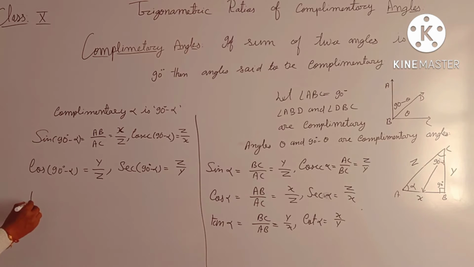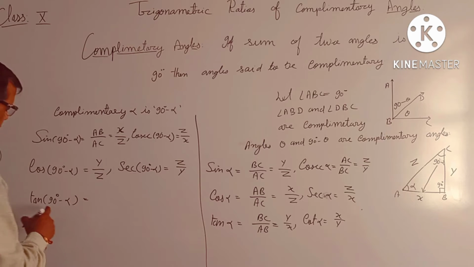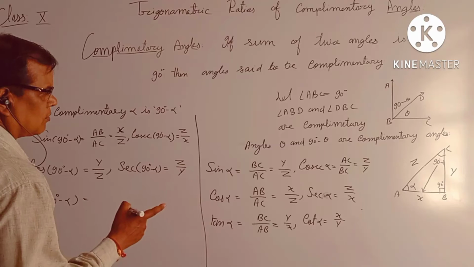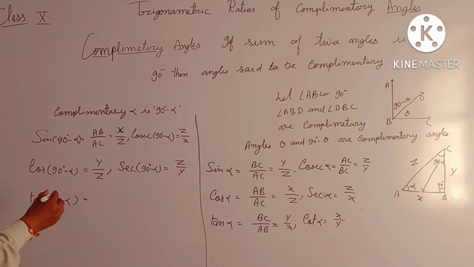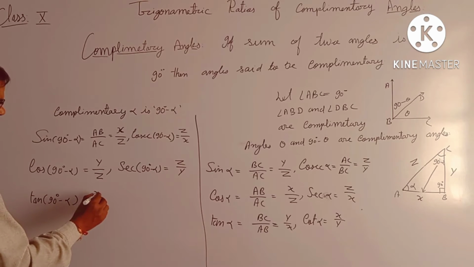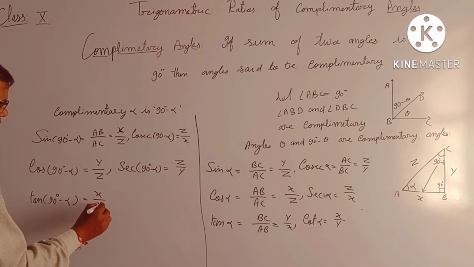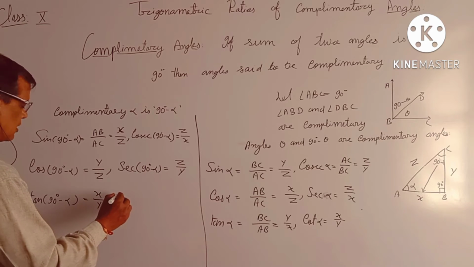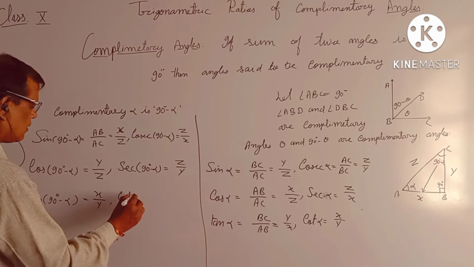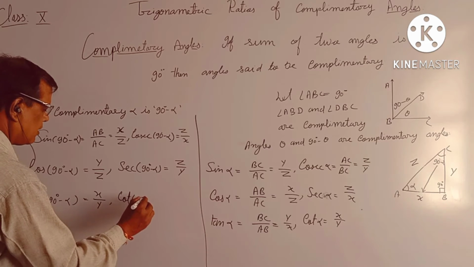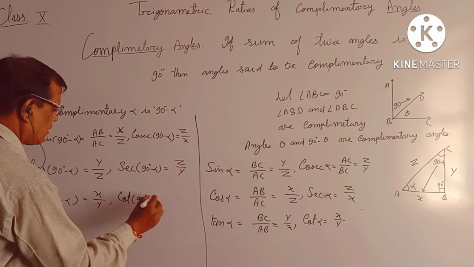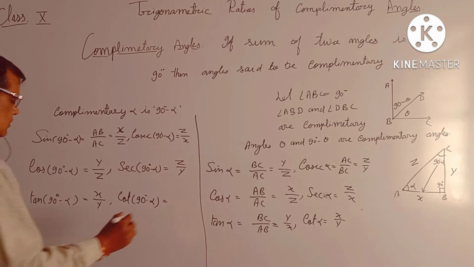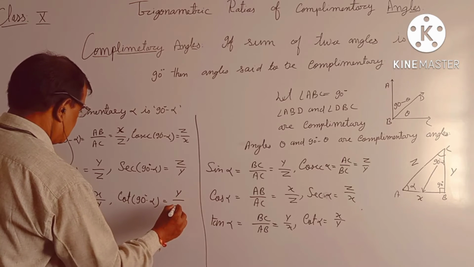Next, tan of 90 minus alpha equals perpendicular upon base, so x upon y, just the opposite. Next, cot of 90 minus alpha will be y upon x.